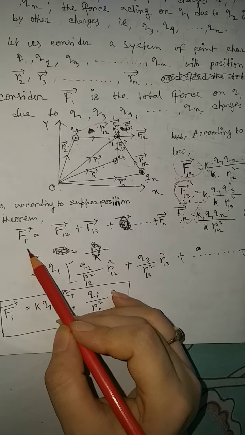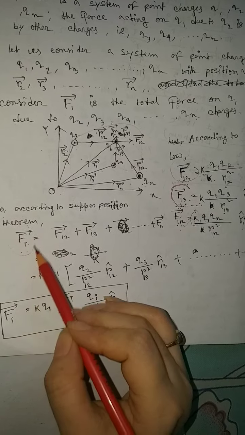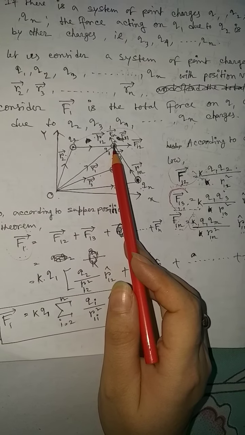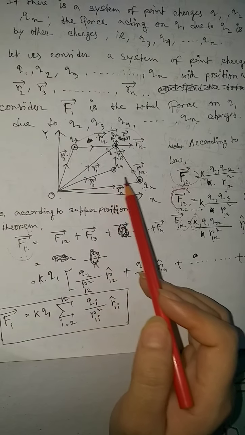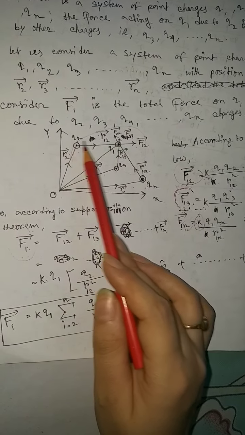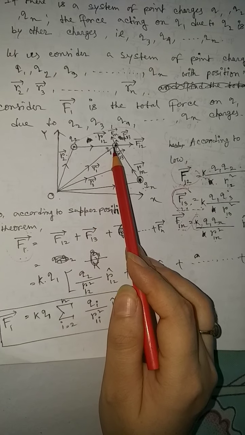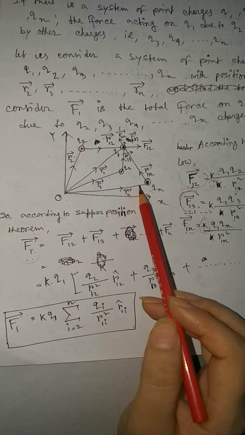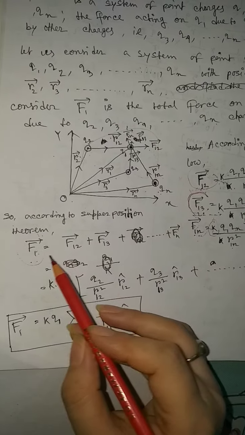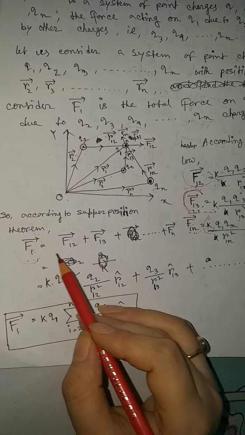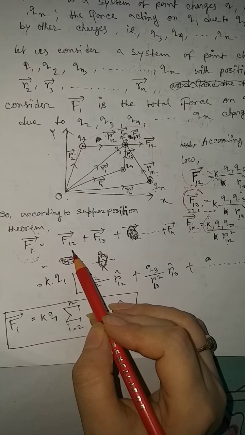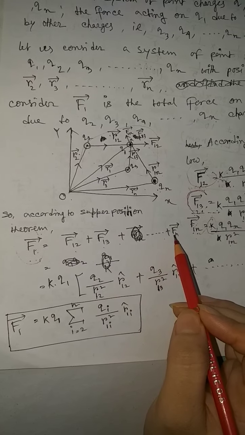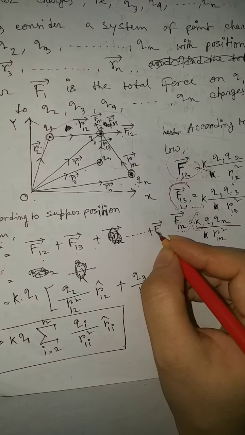Here F1 represents the force exerted on Q1 charge due to all charges, the total or net force on Q1 charge due to n number of charges. So the F1 vector is the vector sum of F12 vector, F13 vector, plus up to F1n vector.